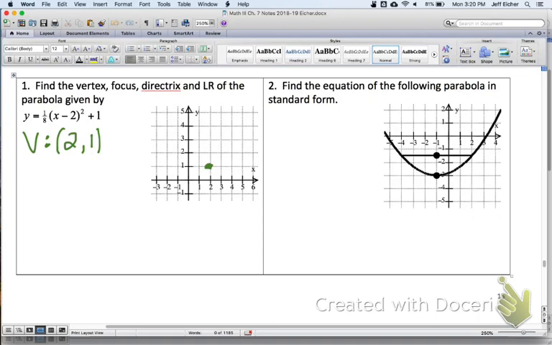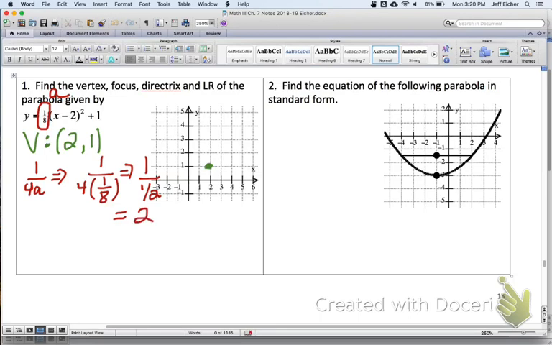Next, the focus is above the vertex by the amount 1 over 4a. So let's calculate what that equals. 1 over 4a would be 1 over 4 times the a value, which is an eighth. Be really careful with your multiplying here. 1 over 4 times an eighth is a half, so that means we get 2.